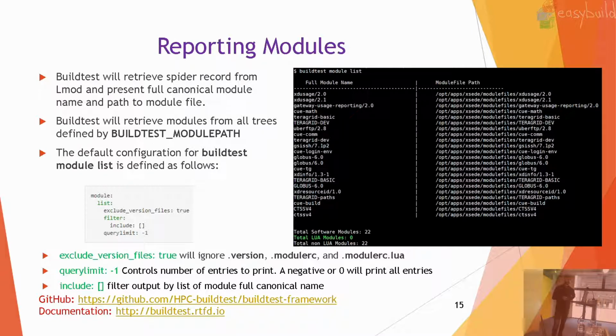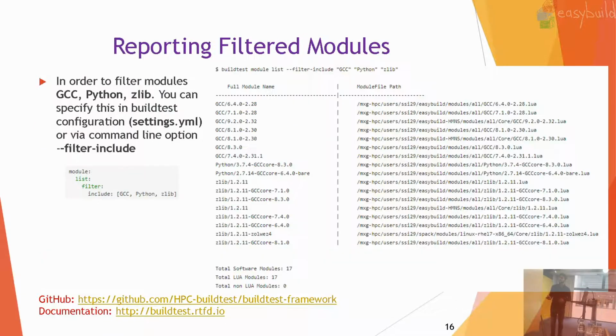You want to exclude .version, .modulerc, and .modulerc.lua because they're part of the Spider record, so I fixed that. You can also set a query limit. If you set it to -1, it will print everything. If you set it to a non-zero value, it will print up to that limit of entries. And then include filters modules by the full canonical name. So here's an example.